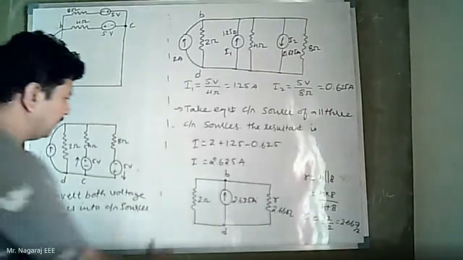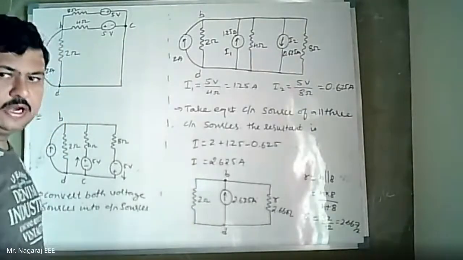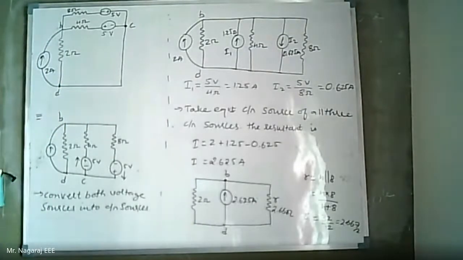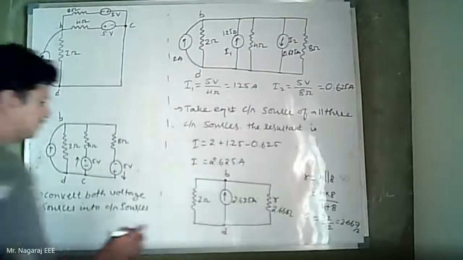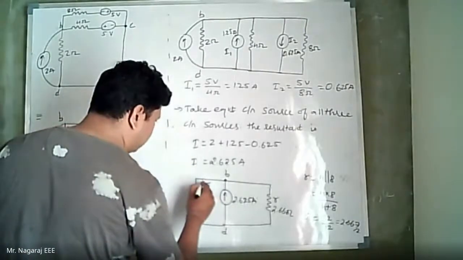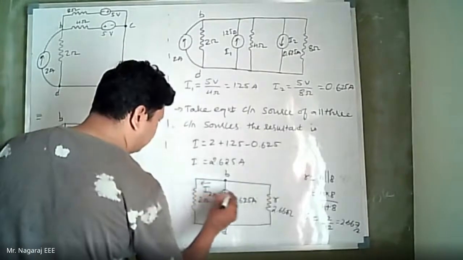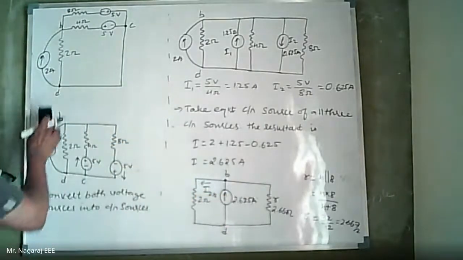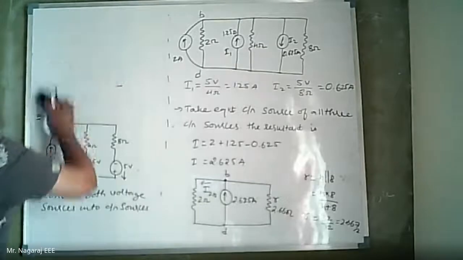Now find the current in 2 ohm and multiply it with 2 ohm. That is my potential difference across 2 ohm.